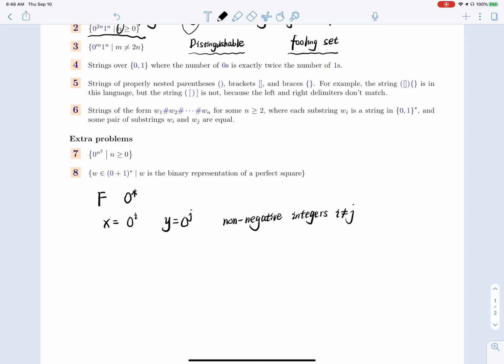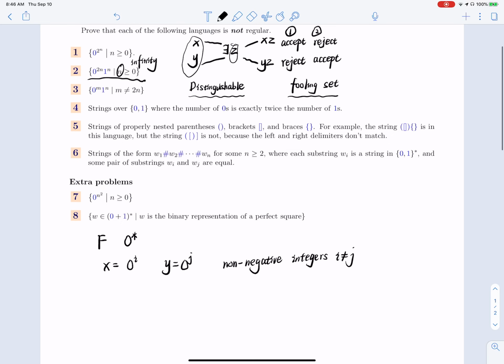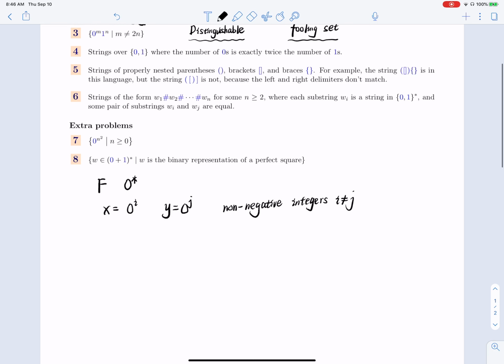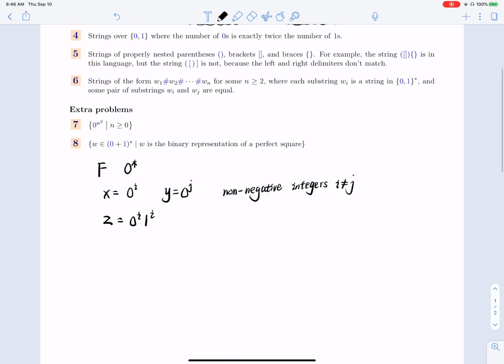For this, we want to find some z. It can be 0^i 1^i.